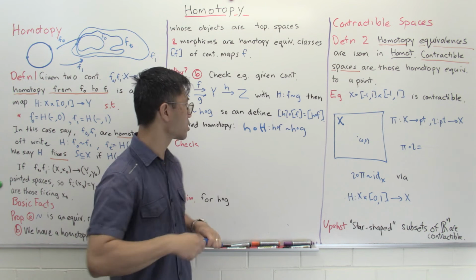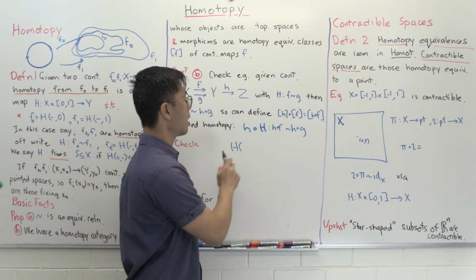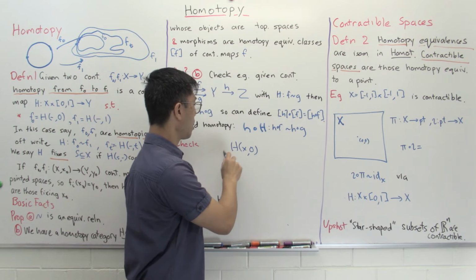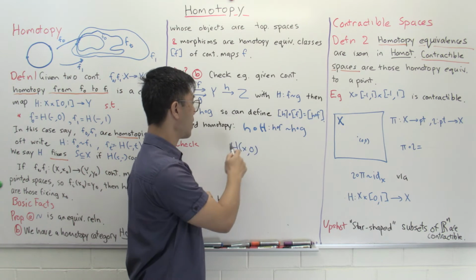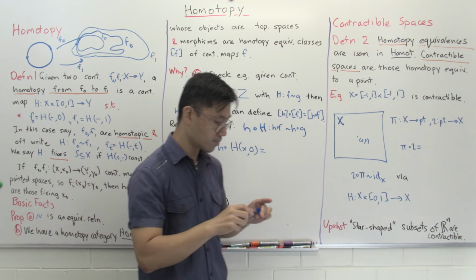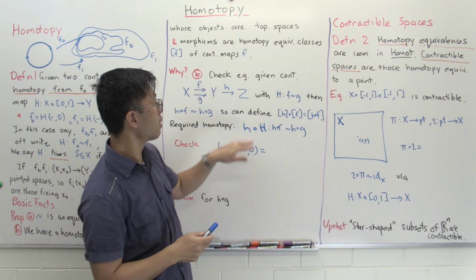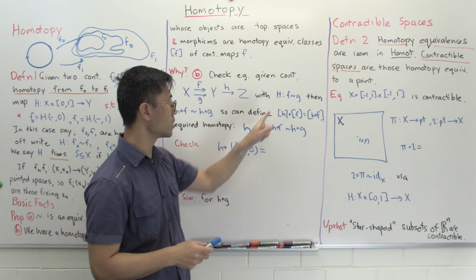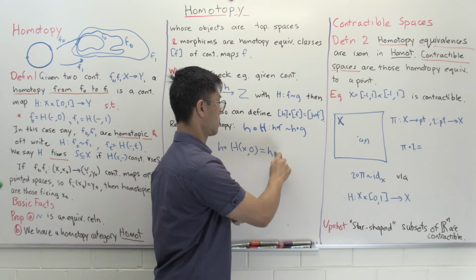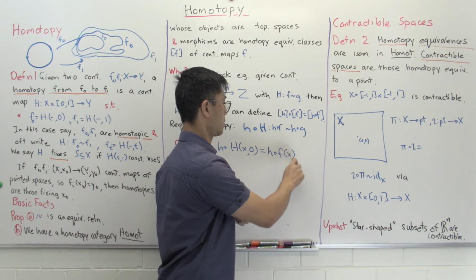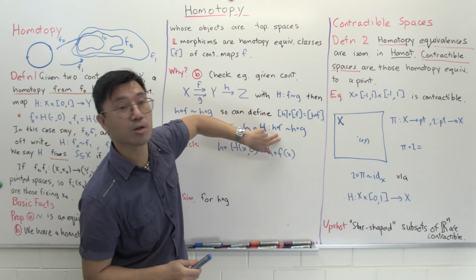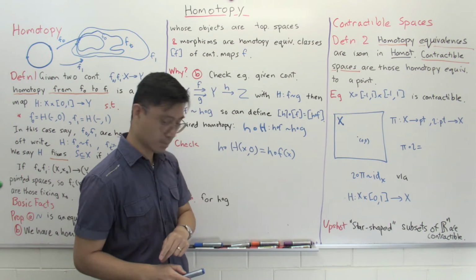Okay, so let's look at H, and you're going to evaluate at some x at time 0, and you want to apply H0 of that. So what's this? Well, this is a homotopy from F to G, so at time 0, this is just f of x. So you have recovered just this first one here.